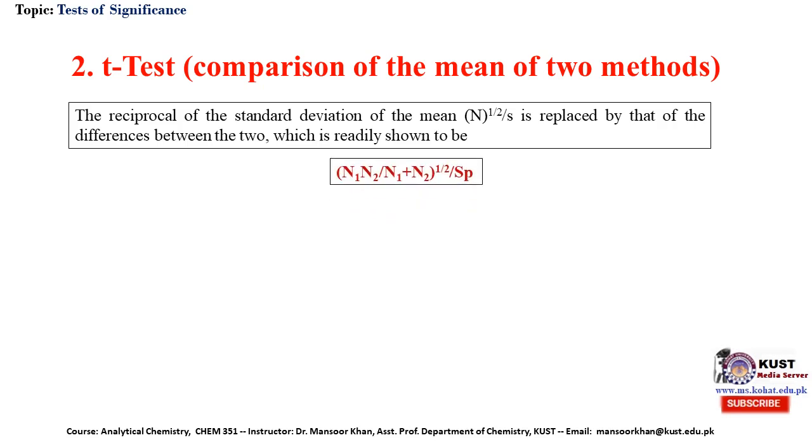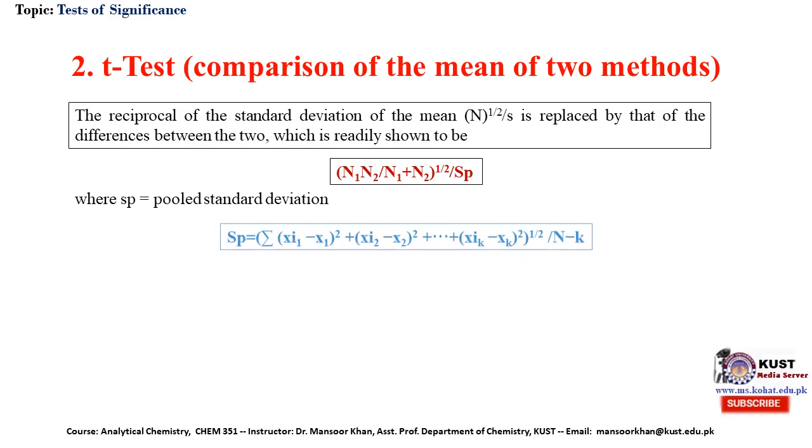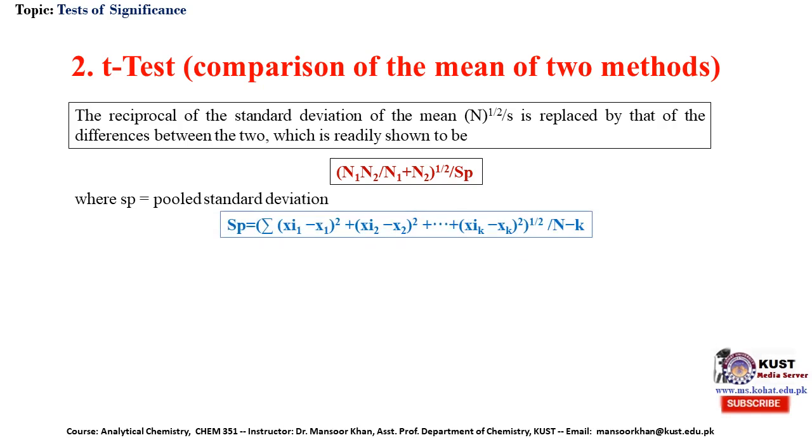square root of n1 n2 divided by n1 plus n2, divided by the pooled standard deviation, where Sp is the pooled standard deviation. The pooled standard deviation is equal to the square root of the summation of (xi1 minus x1) whole square plus (xi2 minus x2) whole square plus (xik minus xk) whole square, divided by n minus k.